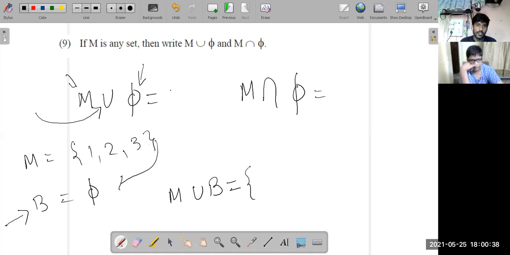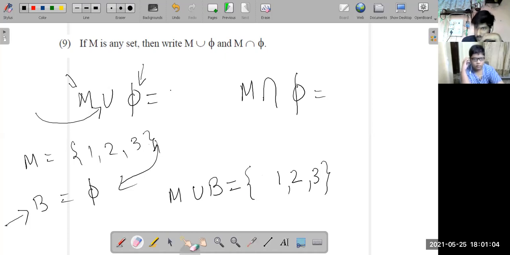Union means together. So what will be M union B? Empty set, sir? Union you take all together. All together: empty, 1, 2, 3. Correct? Yes, sir. And it will be okay if you don't write the empty also, because it's understood.